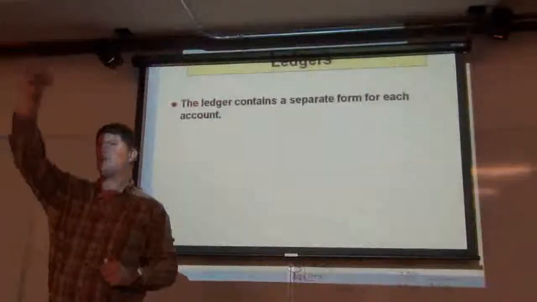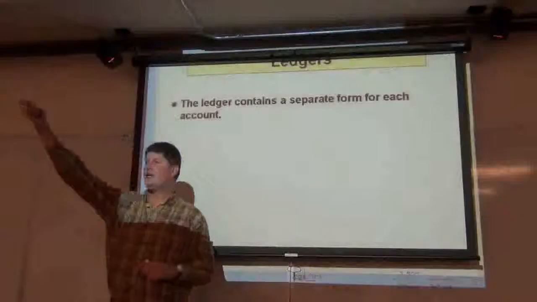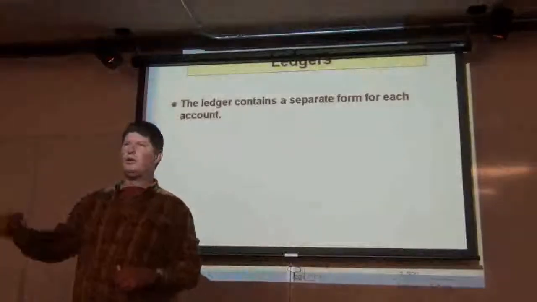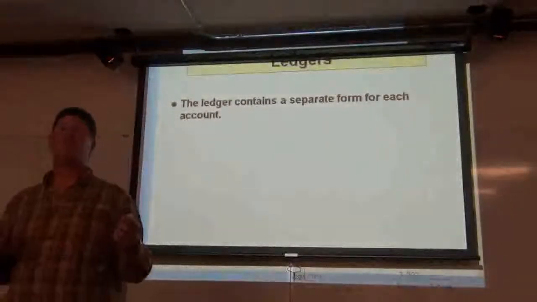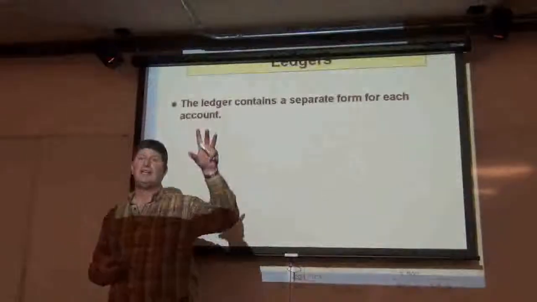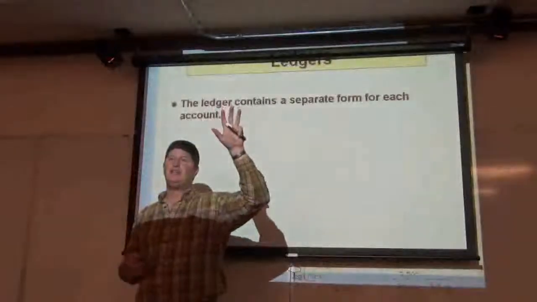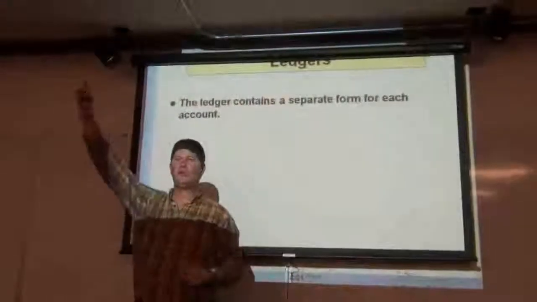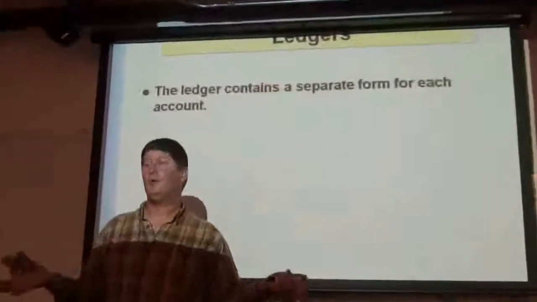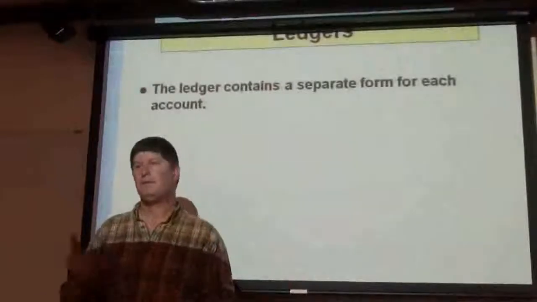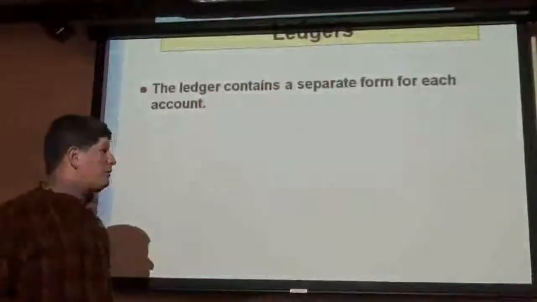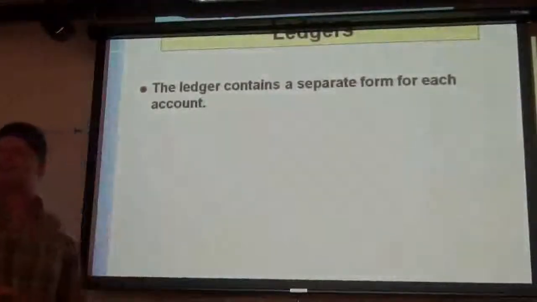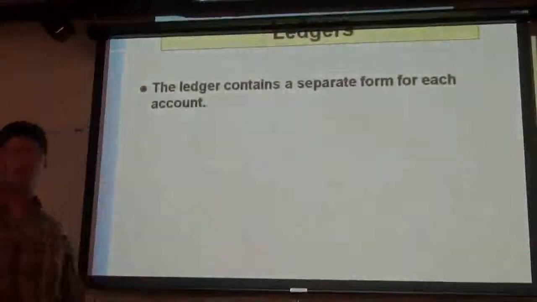Accounts receivable is its own ledger. Equipment is its own ledger. Accounts payable is its own ledger. Okay? If you want to think of it in terms of a T account, the cash general ledger account is one T account. And the equipment is one T account, just like we've been doing up here on the board. Okay? They are very similar, just the T account is a nice visual representation that's easy to do on a whiteboard.